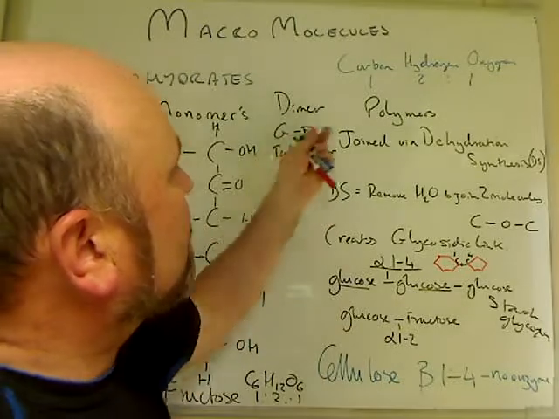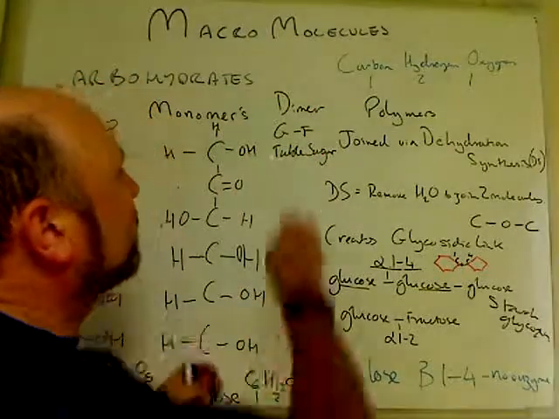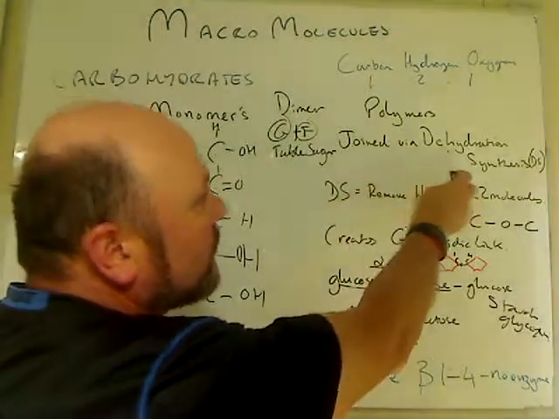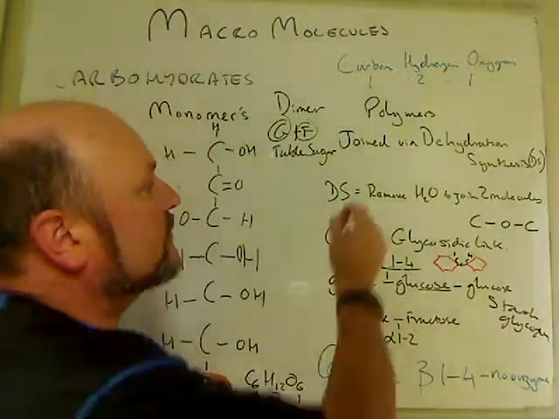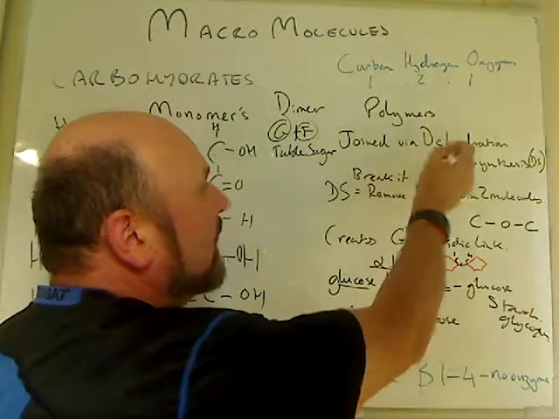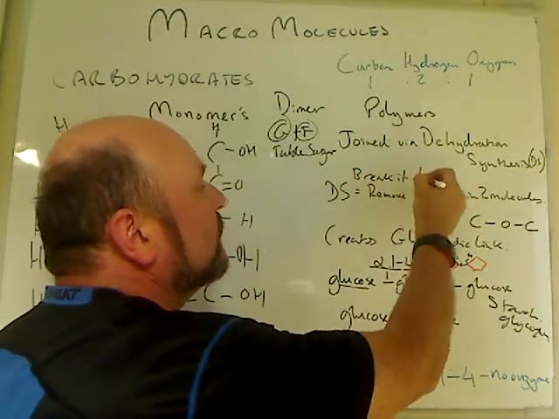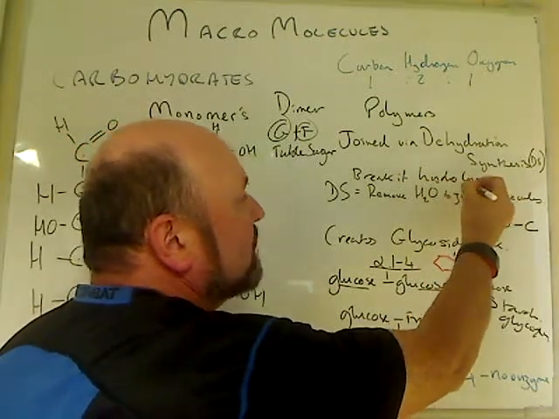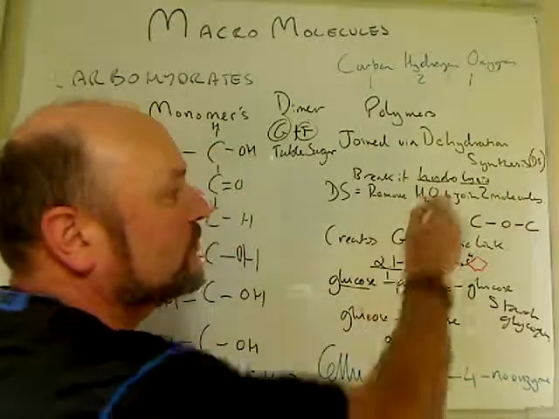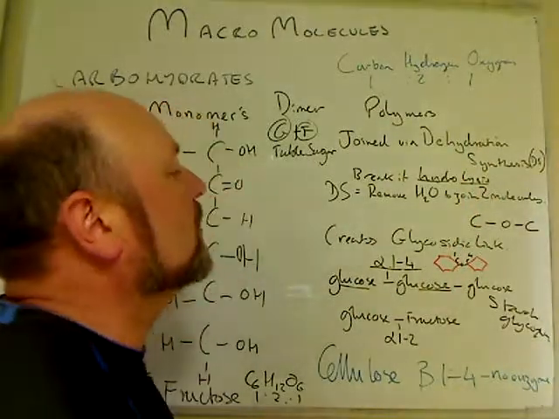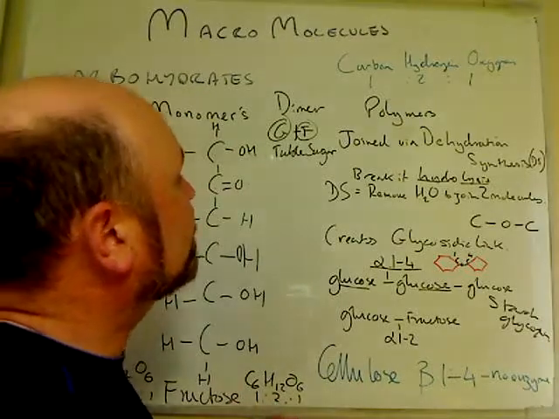So table sugar is a dimer, you break it in half, and if you join something by dehydration synthesis, you break it by adding back the water, and that's called hydrolysis. Lysis means to break, and hydro is water, so you break by adding water.